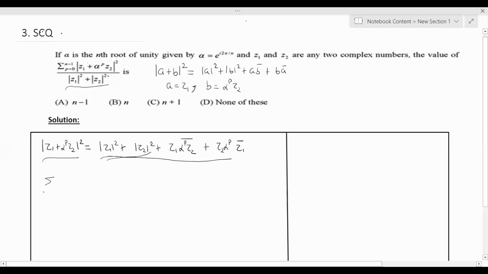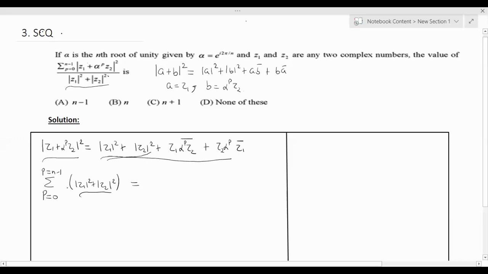After applying the summation, p from 0 to n minus 1, you will have modulus of z1 square plus modulus of z2 square. Now observe this very carefully. It does not have any dependency on p. So basically you're going to rewrite these terms how many times? N times, because when p goes from 0 to n minus 1, when you put p equal to 0, one time you will write.